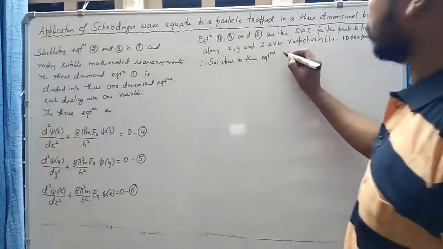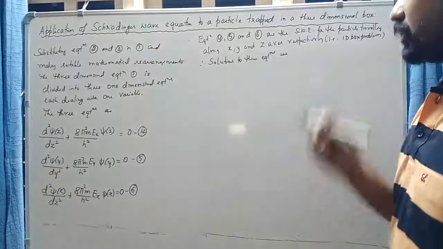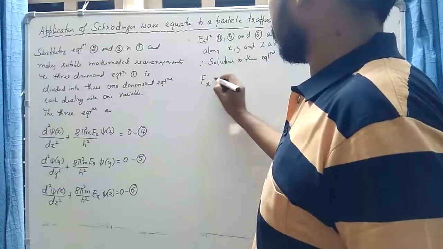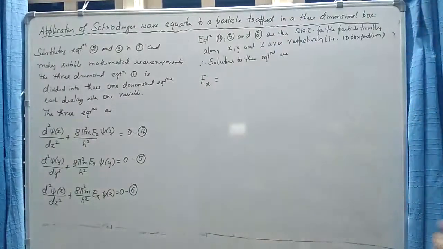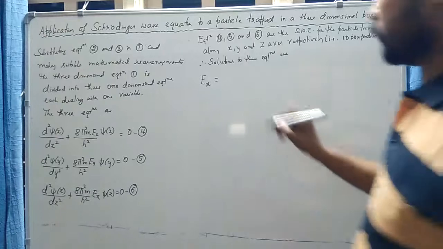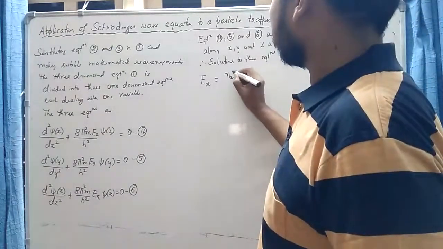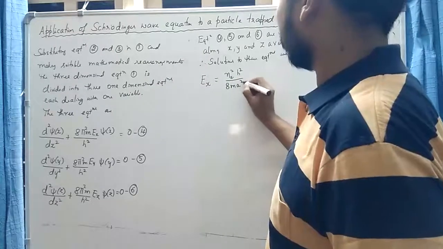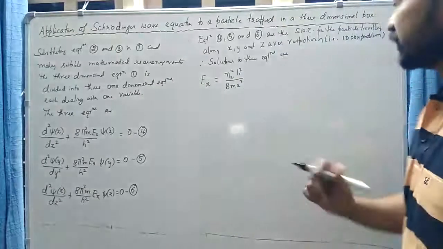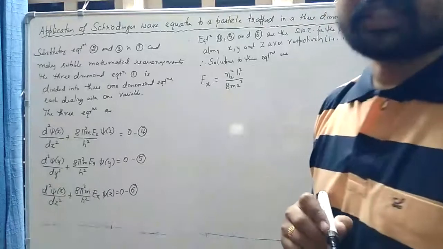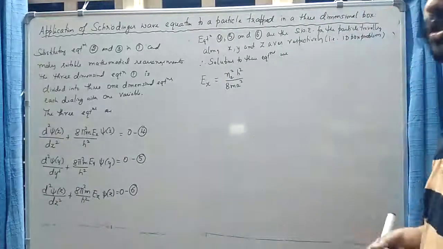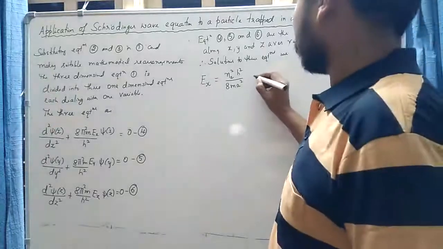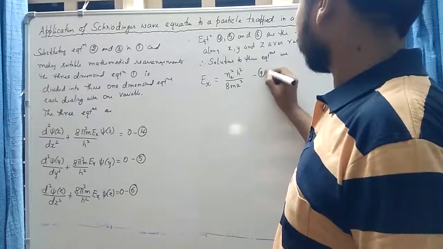So solutions to these equations are, let us first write the solution for this equation. The expression for energy Ex is n square h square divided by 8ma square. So I will write nx square h square divided by 8ma square, where a is the length of the box along x-axis and nx represents the quantum number specifying the particle's motion along x-axis. Let me take it as equation 7.